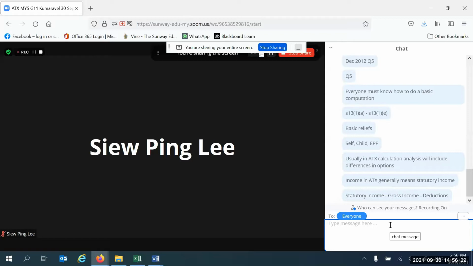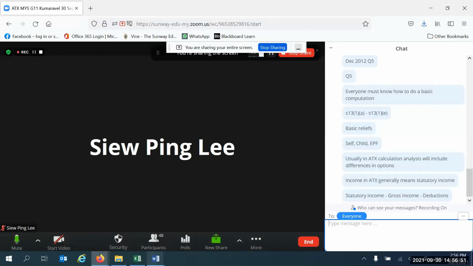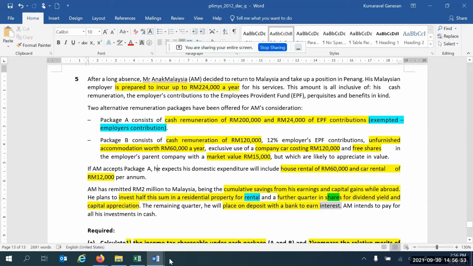Gross less all deductions. That's statutory income.